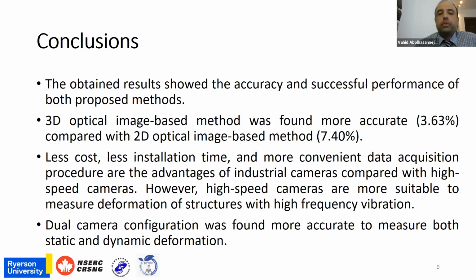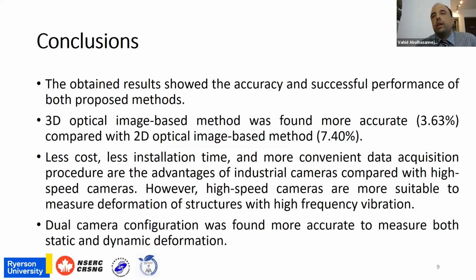So selecting the appropriate camera directly depends on the condition of the structure and its vibration frequency, which can affect our selection procedure. Also, the dual camera configuration, as you saw, was found more accurate to measure both static and dynamic deformation compared with the single camera configuration.